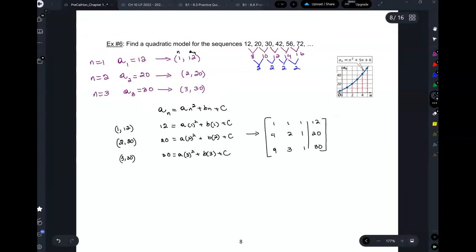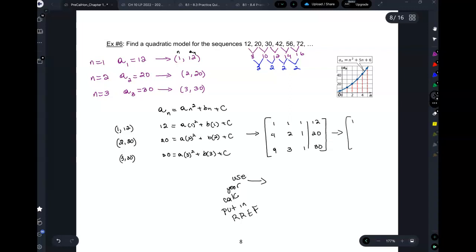So now you're going to use your calculators to put in reduced row echelon form. Go ahead, put them in reduced row echelon form.